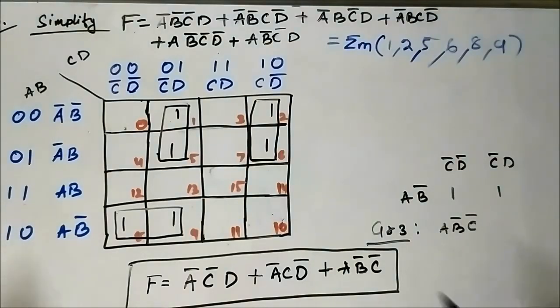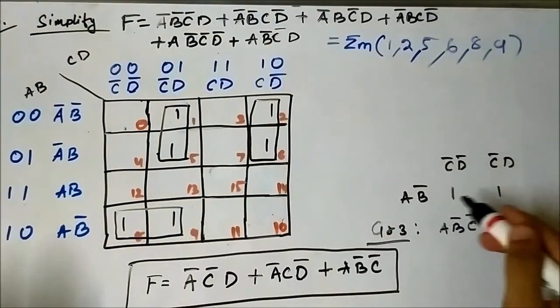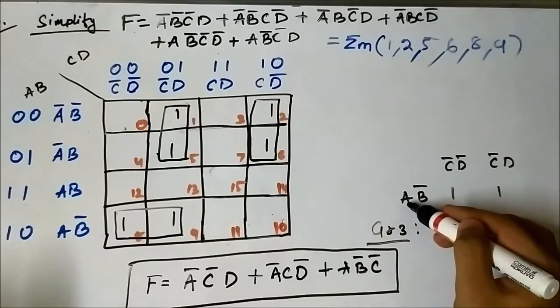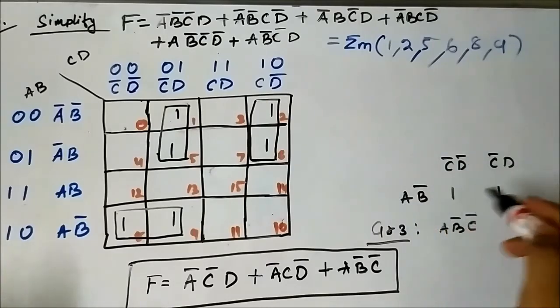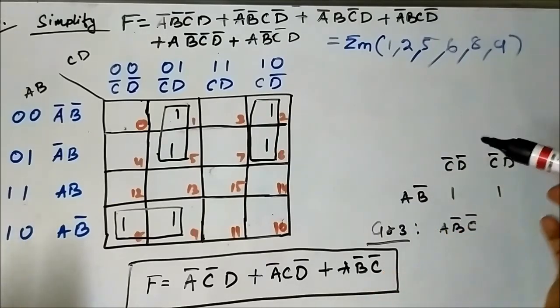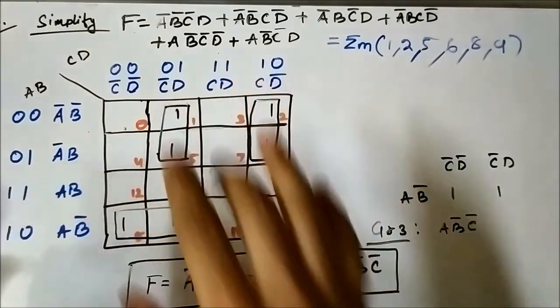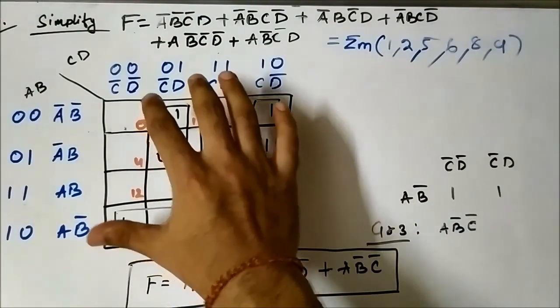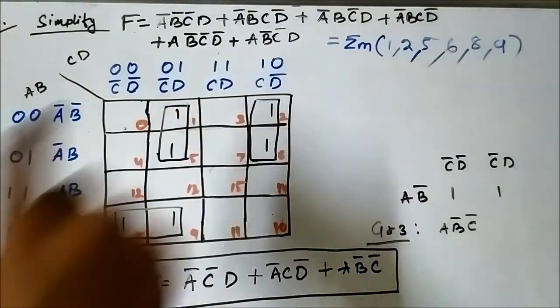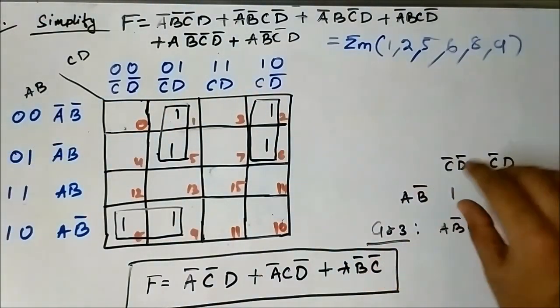Here I am making you understand by writing the horizontal components, the vertical components, and then finding the common variables. But when you practice more of such questions in both 3-variable and 4-variable K-maps, just by looking at the K-map you can identify the common variables. There is no need to do all this.